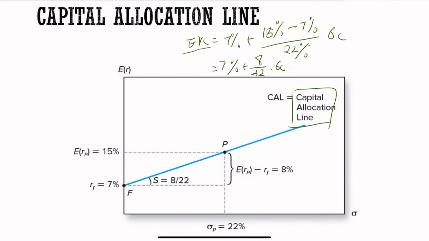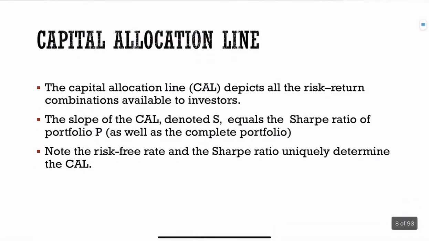So for example, if you put 50% into the risk-free investment and 50% into the risky portfolio, then you can see that you will be here, right? So this point will tell you what kind of return you can get and what kind of volatility you can get, right? So that's why this is called the capital allocation line.